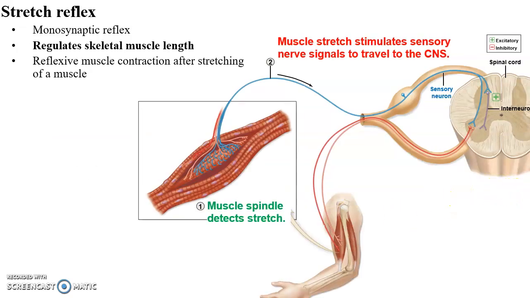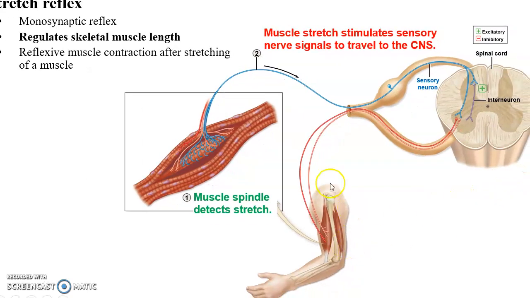So you get an unexpected stretch in one of these muscles. The receptor sends a signal via the sensory neuron to the spinal cord. That will then synapse with both interneurons and directly with a motor neuron that will then carry a signal to that muscle to cause it to contract.